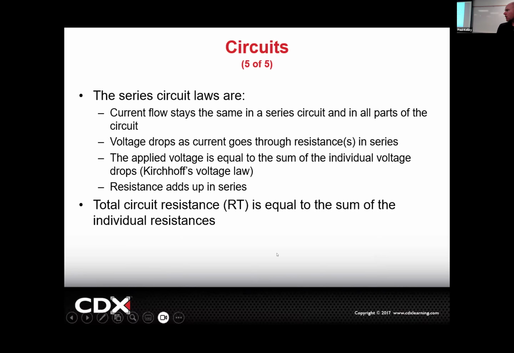Then this is Kirchhoff's law: the applied voltage is equal to the sum of the individual voltage drops. All right, let me explain what that means.